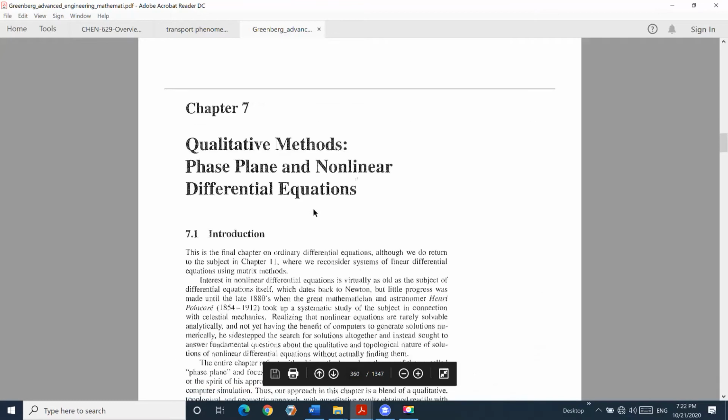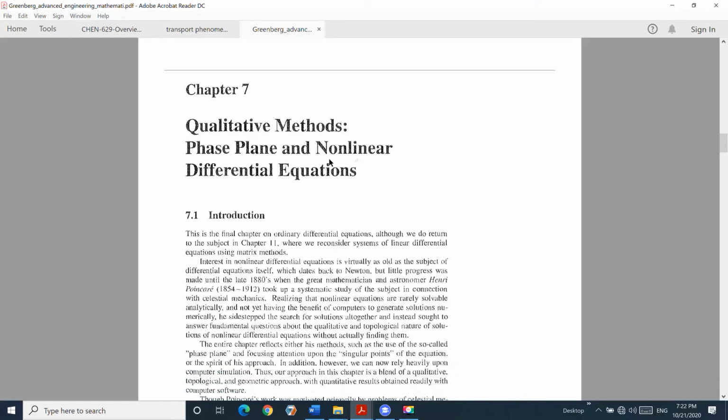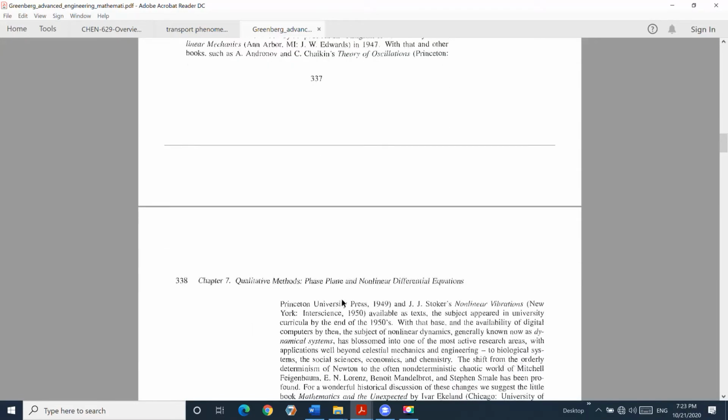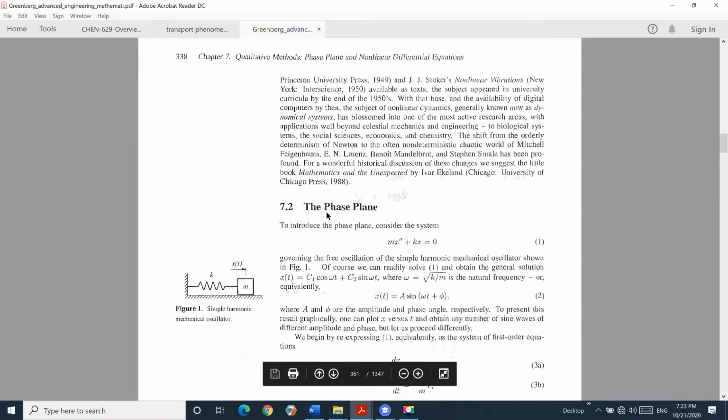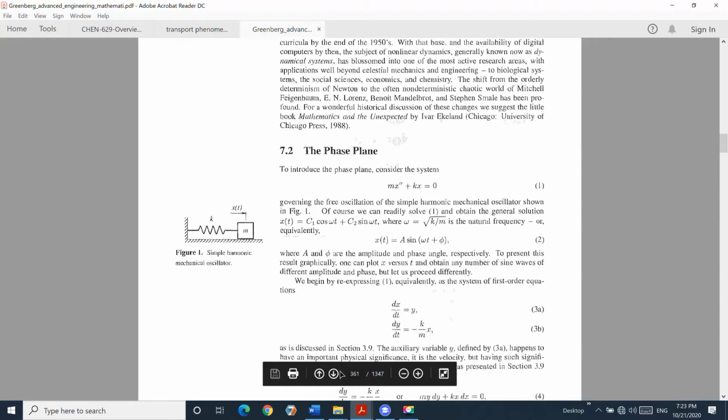And chapter 7 is qualitative methods. In here, phase plane and nonlinear differential equations, different from chapter 6. As defined, what's the phase plane?